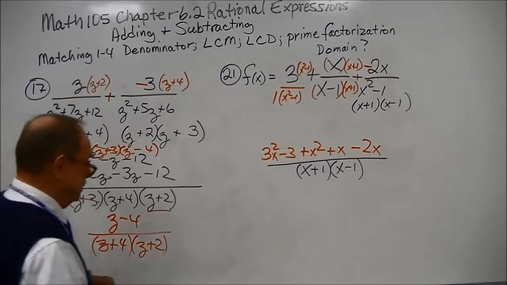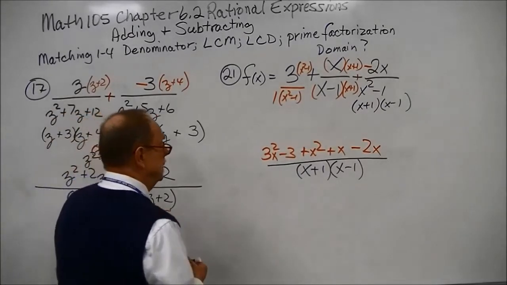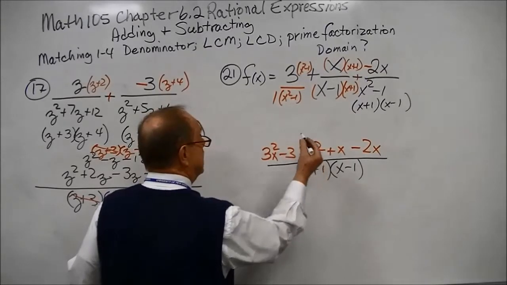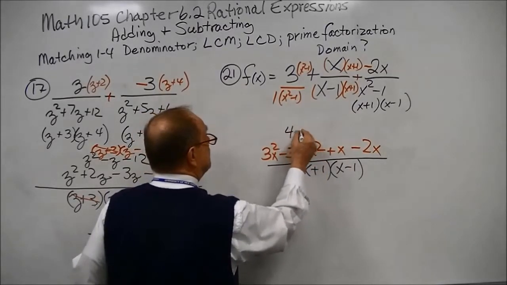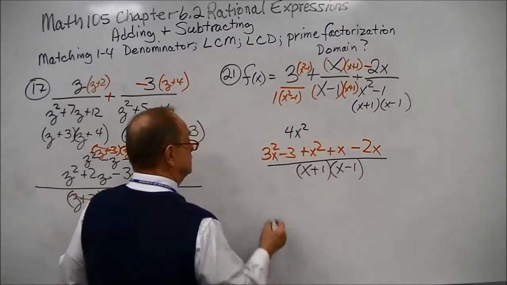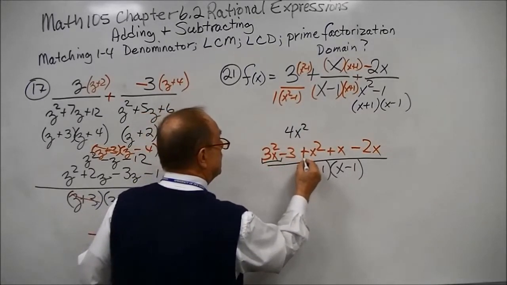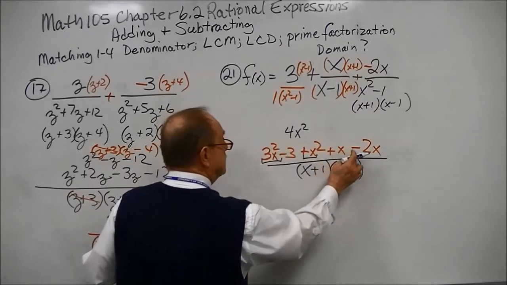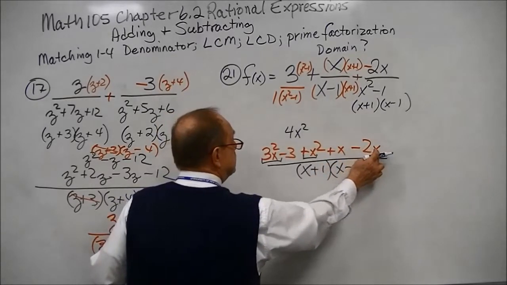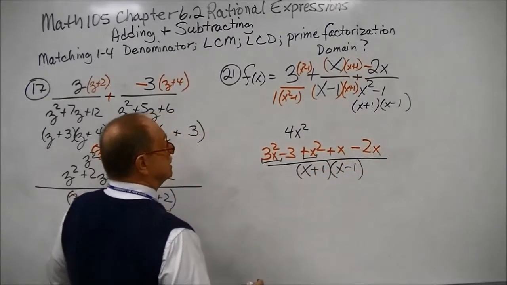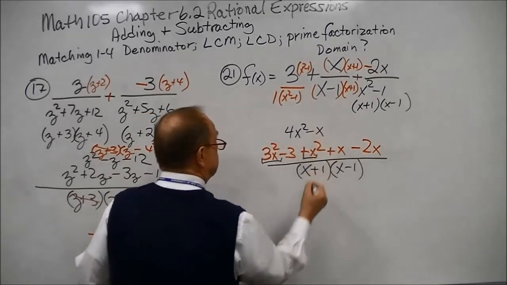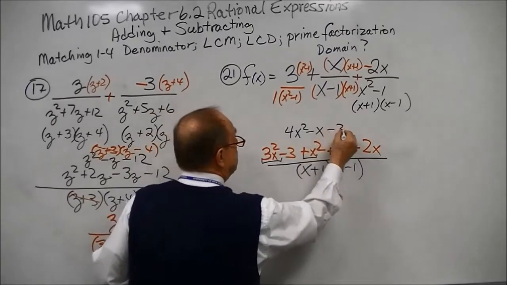Now let's group like terms. This is a 3x squared plus 1x squared, 4x squared. And then this is going to be an x minus 2x, so that's going to be a negative x and a negative 3.